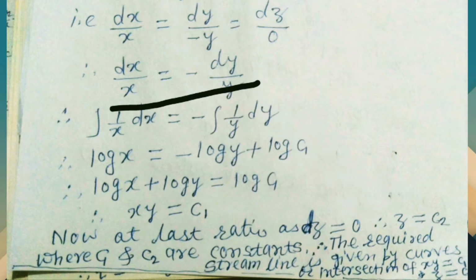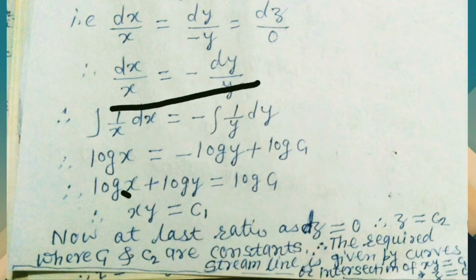Integrating this, the integration of 1 upon x dx is equal to minus the integration of 1 upon y dy. That is, log x is equal to minus log y plus the integration constant log c1.